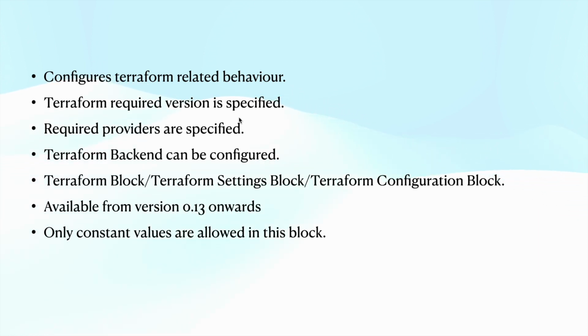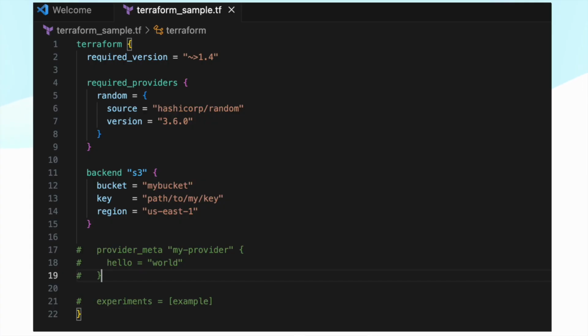Now let's look at a simple Terraform settings block code. As you can see, this is a sample code for a Terraform settings block. Here we are specifying the required version of Terraform, which means this code is compatible with all versions which are greater than 1.4, which means if we are running Terraform 1.3, then this code will not get executed.